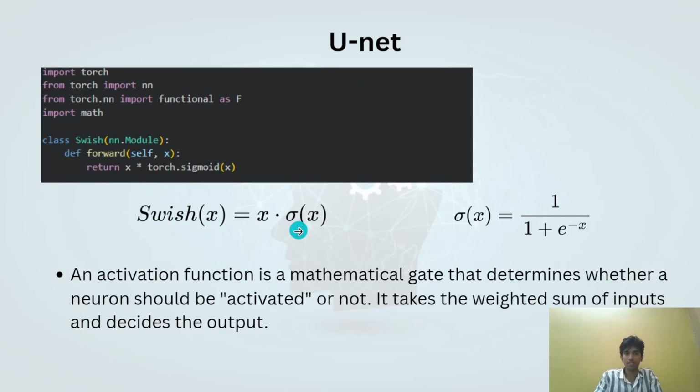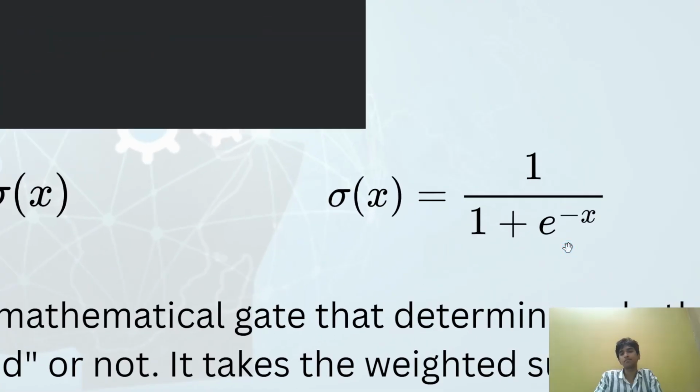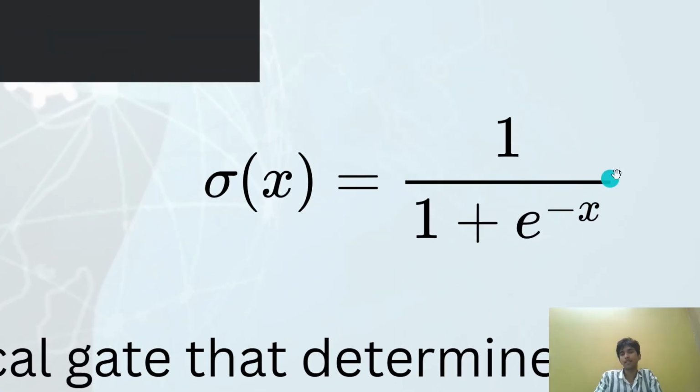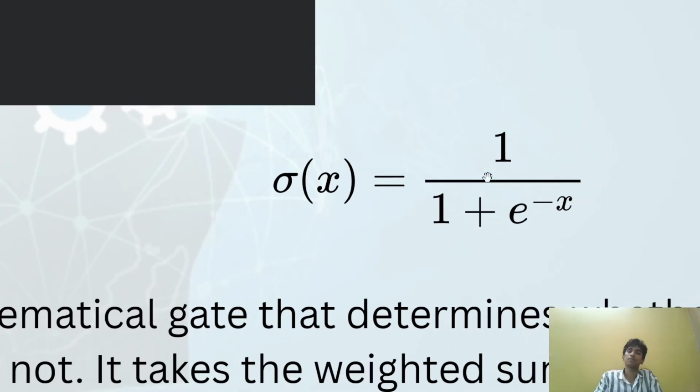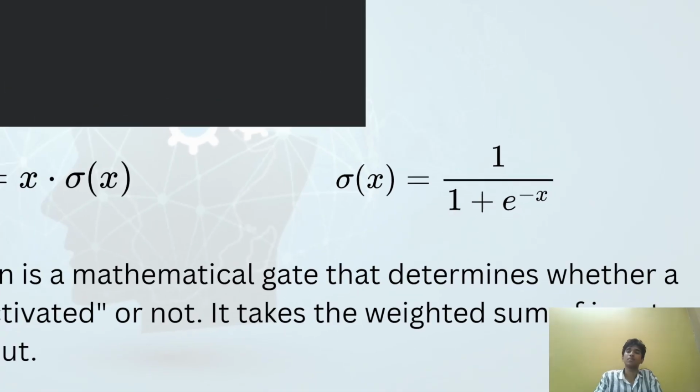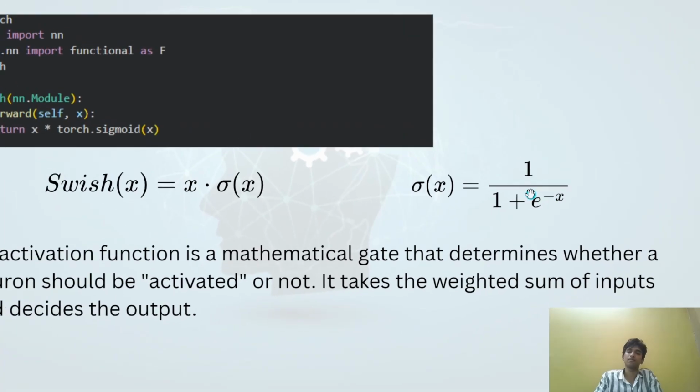Swish is defined as x times sigma of x, where sigma of x is a sigmoid function. It's 1 by 1 plus e power minus x. And you can see, if the value of x is just positive, then sigma of x will be very close to 1. It will not be much different from 1.